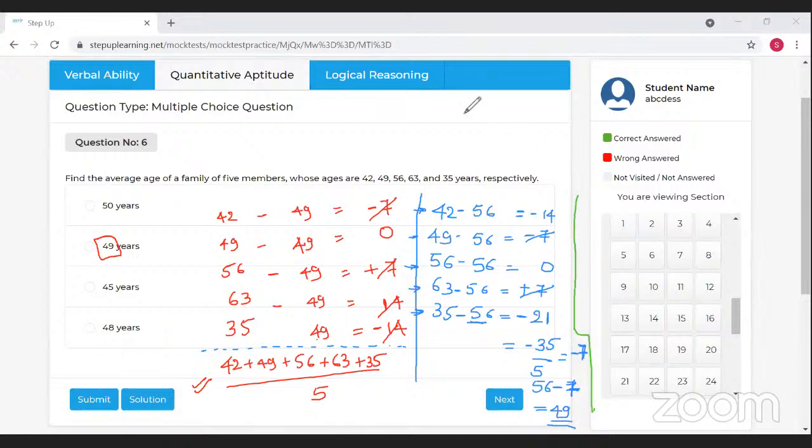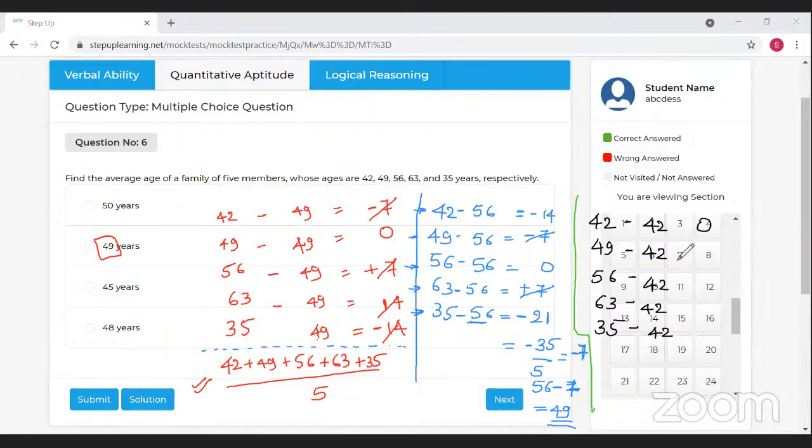Let's say that instead, the numbers are 42, 49, 56, 63, and 35. Is this color visible? Let me use black color. Now let's say somebody wants to assume 42 as the average. You can assume 35 also, but try to assume one number which is in the center.